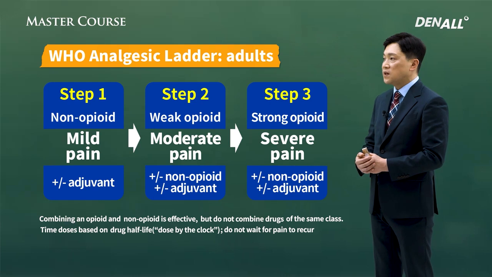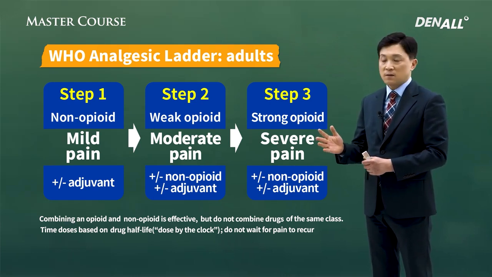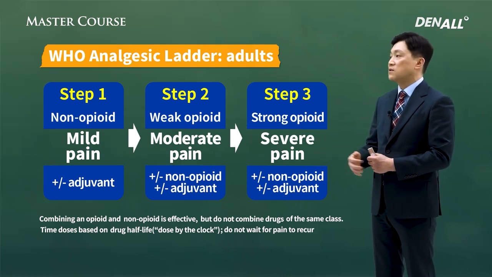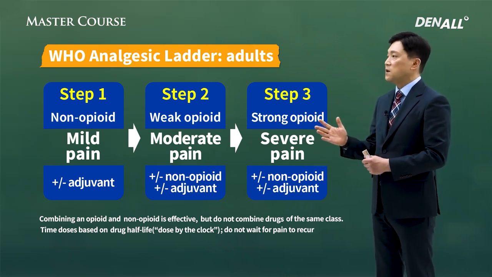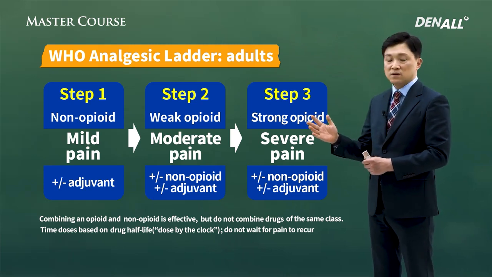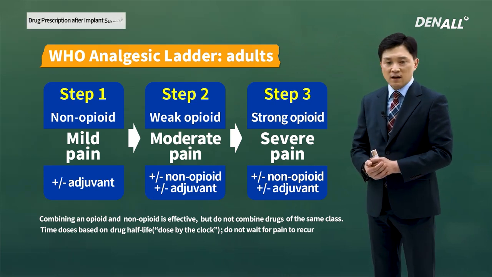For moderate pain, weak opioid plus non-opioid or adjuvant can be prescribed. For Step 3, severe pain, strong opioid and non-opioid can be administered according to this recommendation.